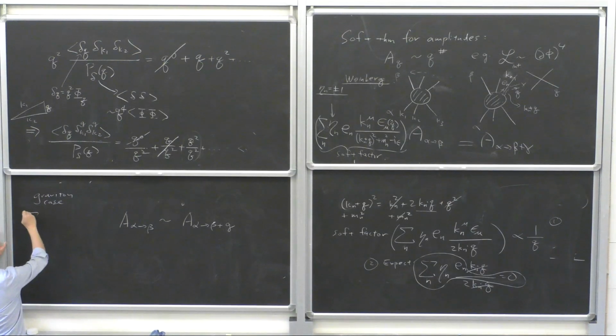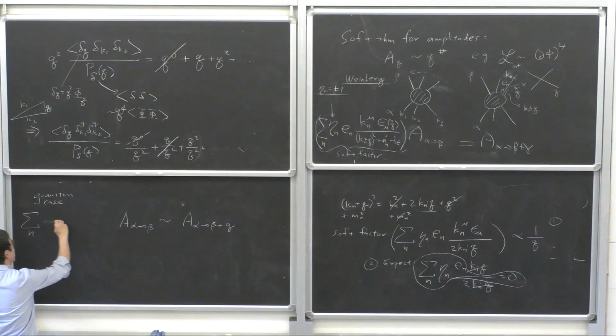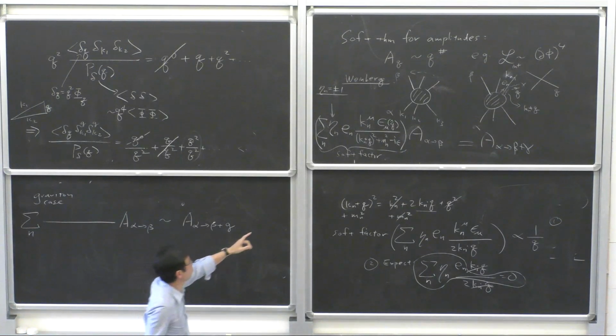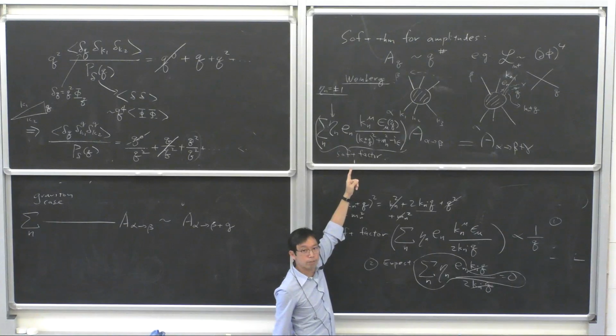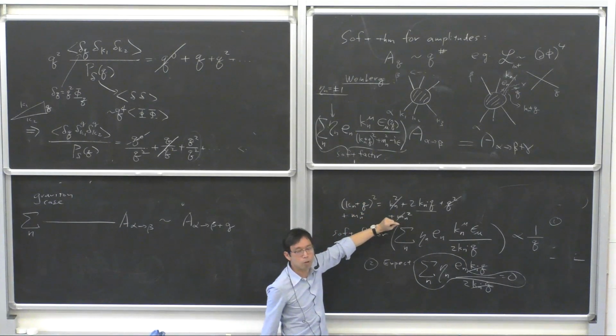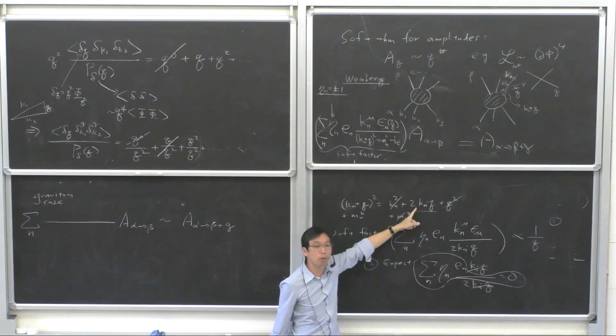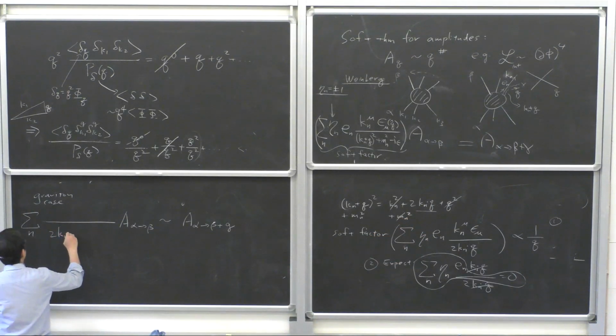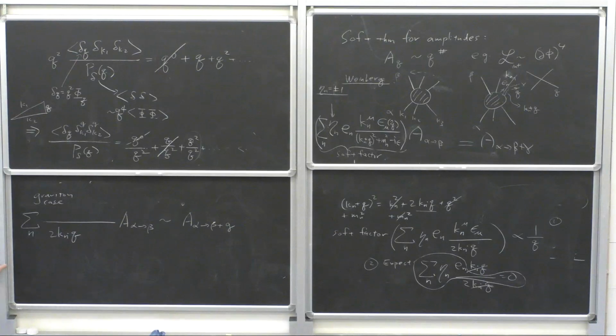So now let's practice how we write down a soft factor. The denominator is always that combination, which if you go on shell would go like 1 over q, would be proportional to q. So I'm just going to go ahead and do that. Let's think about the numerator.